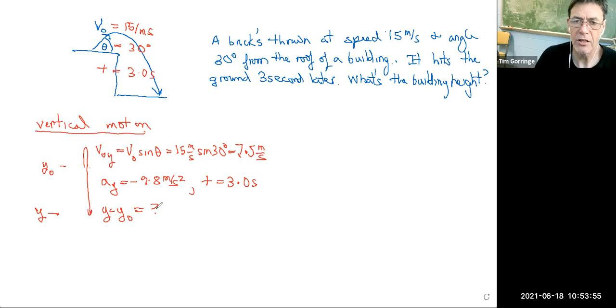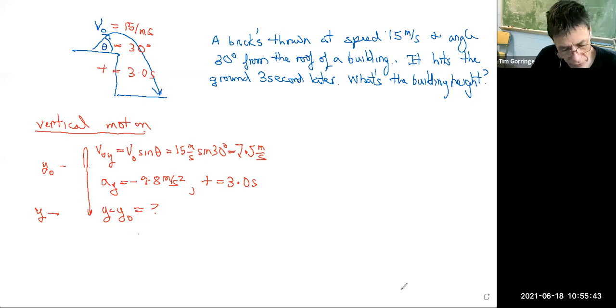And now we've got the picture, we can turn to the equations of motion that in a quantified way describe the motion, and see how we can calculate the vertical distance traveled, or the height of the building, in terms of the quantities we know.